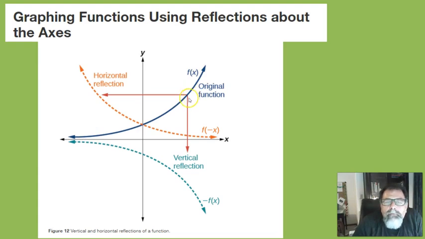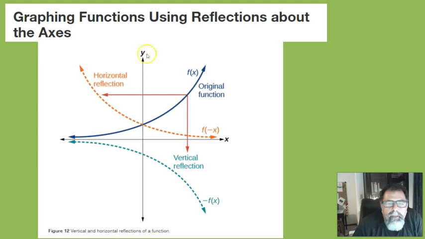If I were to reflect across the y-axis, so you take this point right here where the arrow's starting, and you reflect it across the y-axis, that's what we call a horizontal reflection. Okay, so you're flipping it that way. And then if I flip it over the x-axis, that's a vertical reflection.